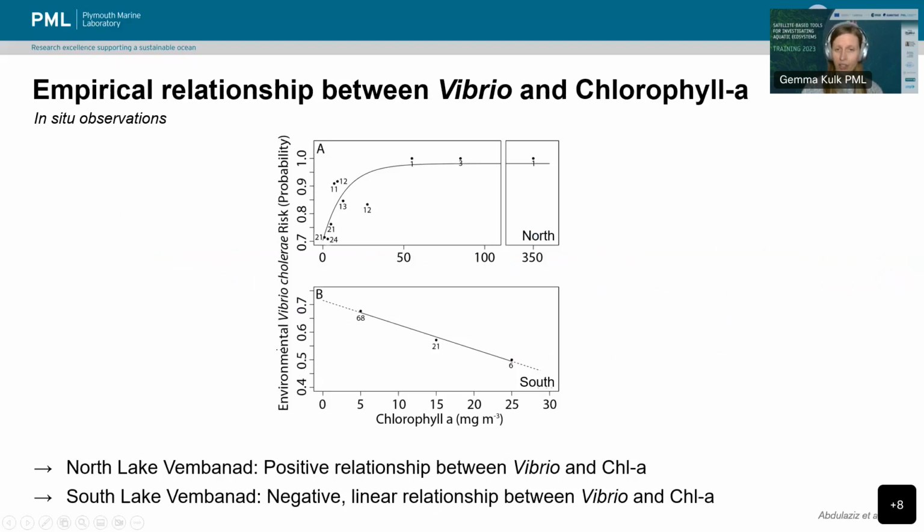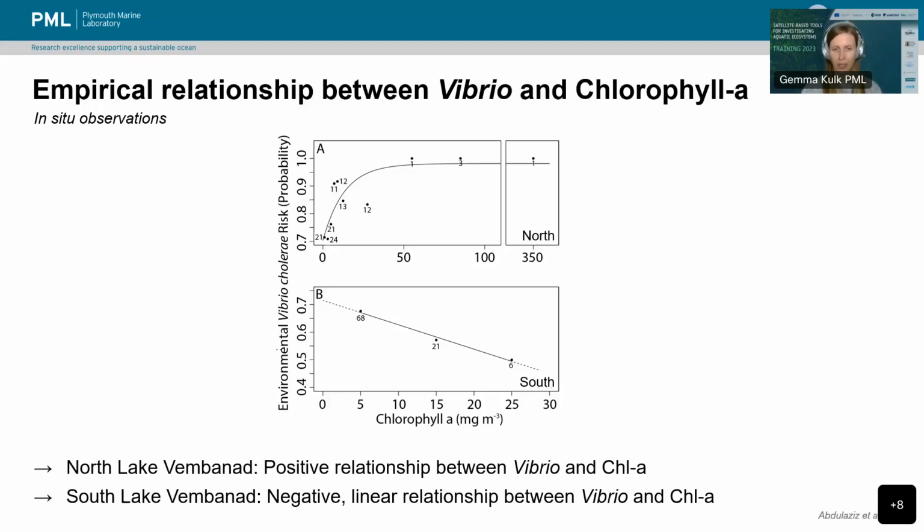We then studied this association of Vibrio cholera with phytoplankton in more detail by looking at Vibrio bacteria in the environment relative to phytoplankton biomass. And we used the presence and absence of genes of the pathogenic strains of Vibrio cholera in our samples to estimate the probability of those pathogenic strains in the environment for set concentrations of chlorophyll A. The figure shows the results of this analysis with a positive relationship between Vibrio bacteria and phytoplankton in the north of Lake Vembanad and a negative linear relationship in the south of the lake.